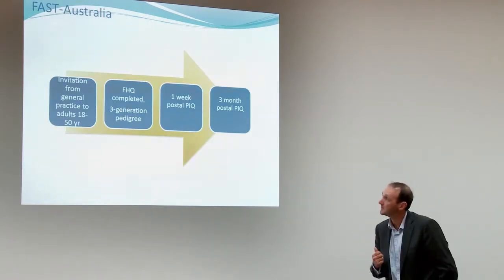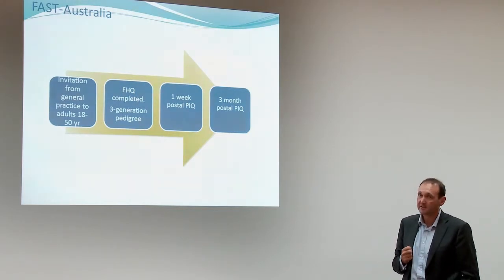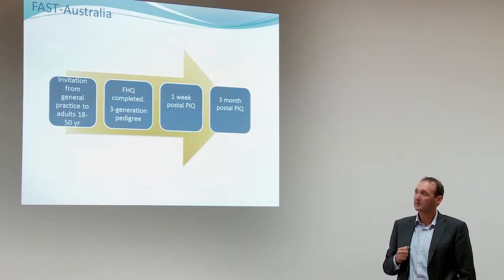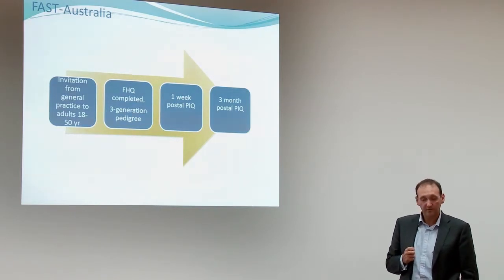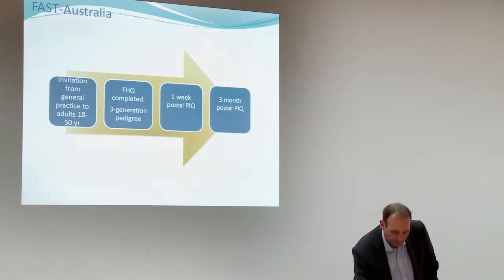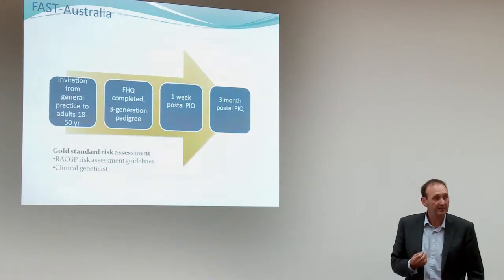And so what happened, we invited people aged 18 to 50 from a number of general practices in Perth, and they completed this 16-item family history questionnaire. And then a trained genetic counsellor took a detailed 3-generation family history. And that essentially formed the gold standard collection of their family history.